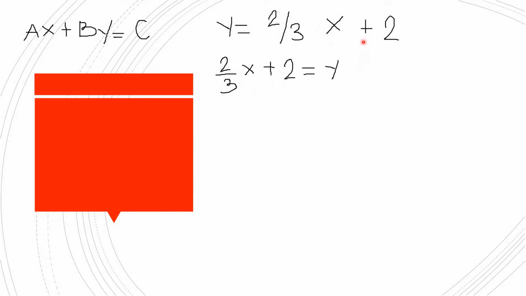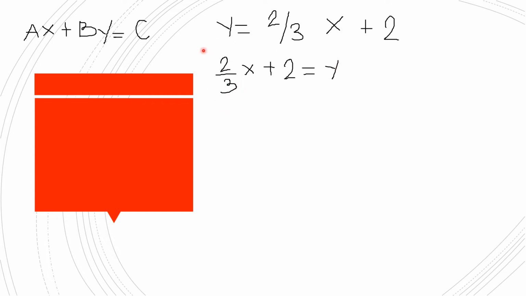So, no sign changed. 2/3 x plus 2 equals y. We just switched their positions, the left and the right side. So, we have 2/3 x plus 2 equals y. Now, our a should be a whole number. So, not 2/3.